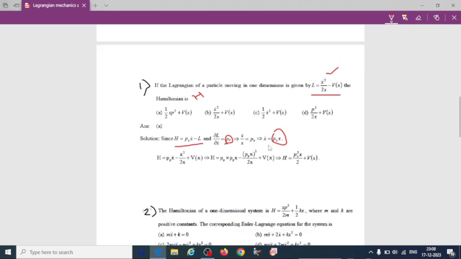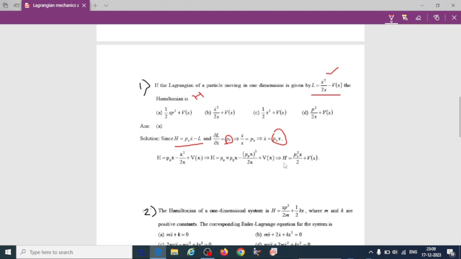Then substitute this x dot into the Hamiltonian formula: H is equal to px into px x minus L, where L is x dot square divided by 2x minus V of x. If you multiply, this will be plus V of x.